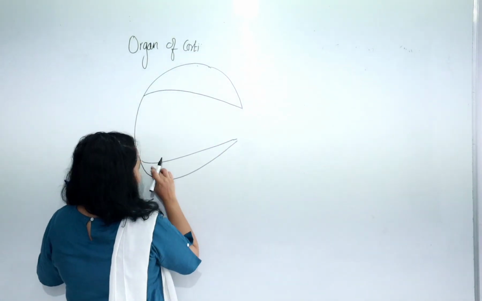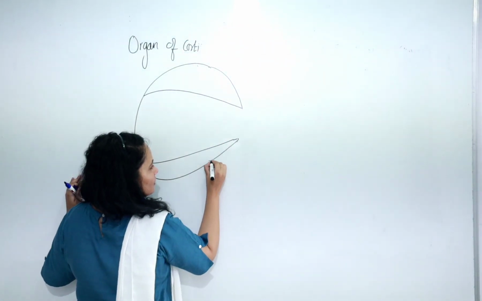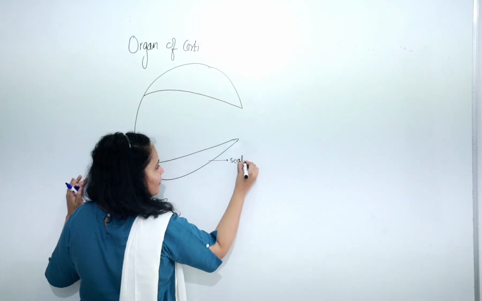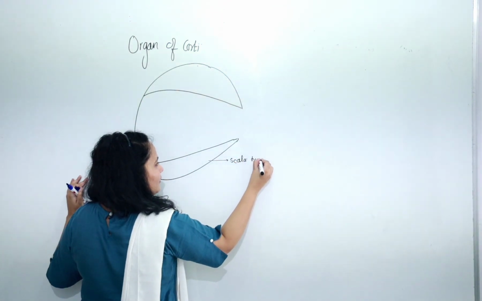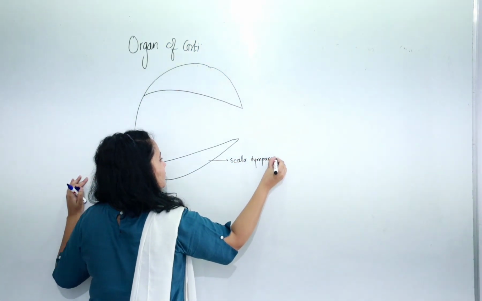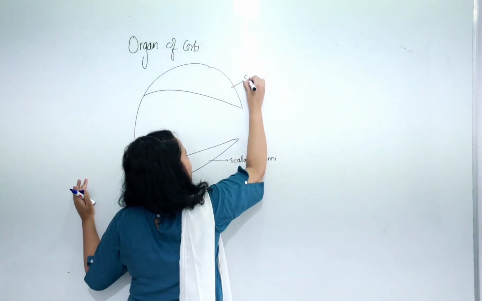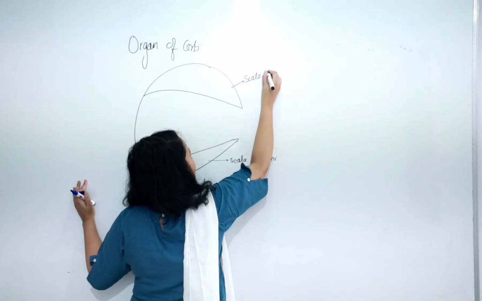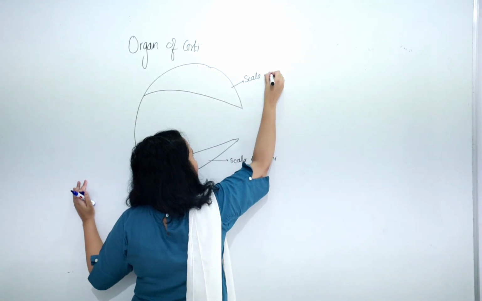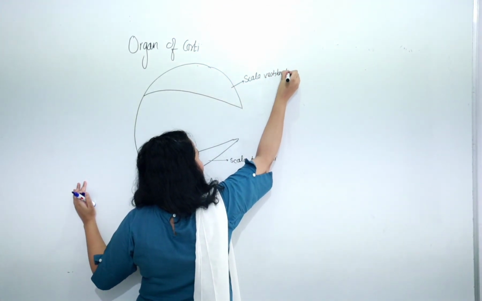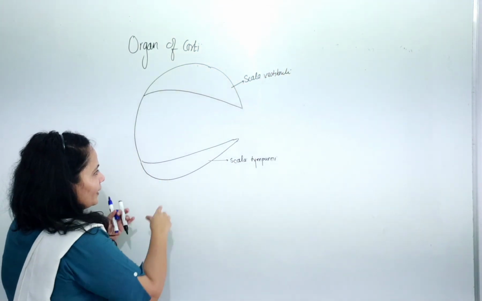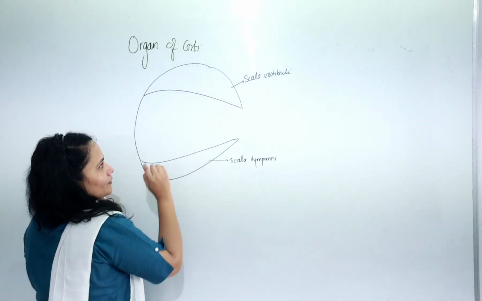This is scala tympani, this is scala vestibuli, separated by this membranous labyrinth.